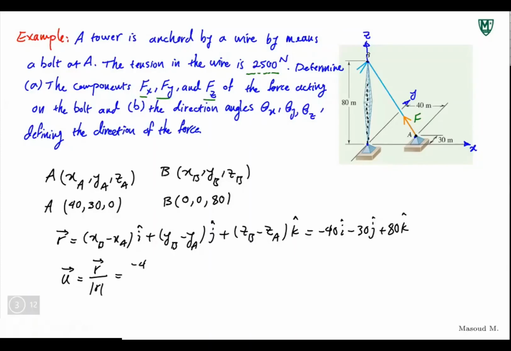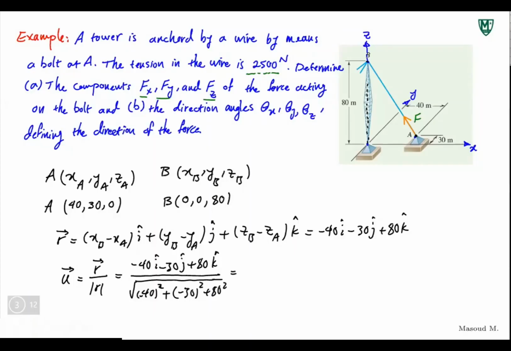If I want to write everything, it would be minus 40i minus 30j plus 80k divided by the square root of, we said the magnitude of a vector in three dimensions is basically just the square root of all the components squared, summing them up. Right? It would be minus 40, well, let's put minus squared. Doesn't really matter, minus or plus. Plus minus 30 squared plus 80 squared.